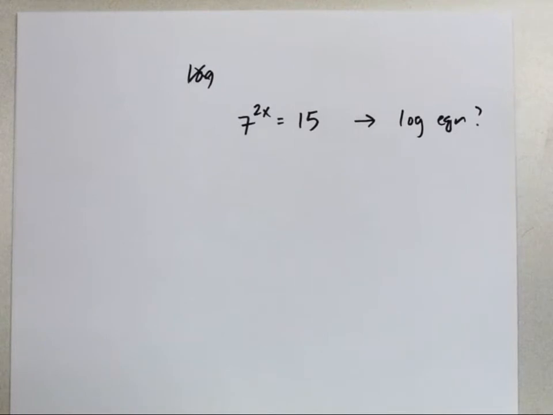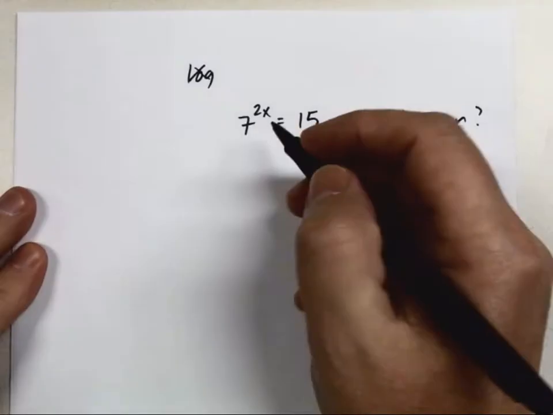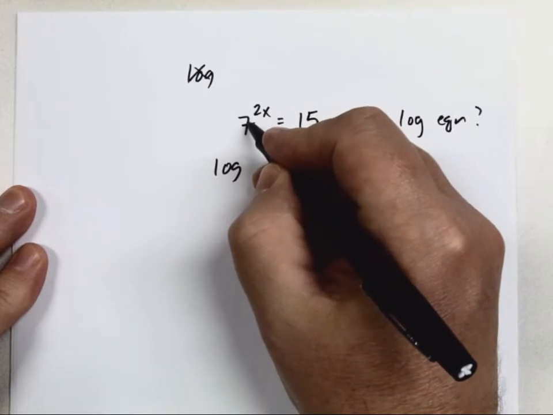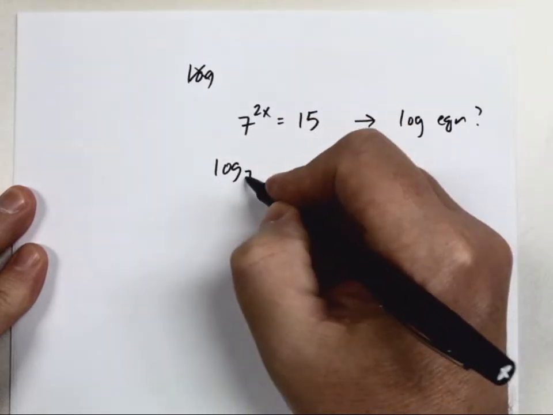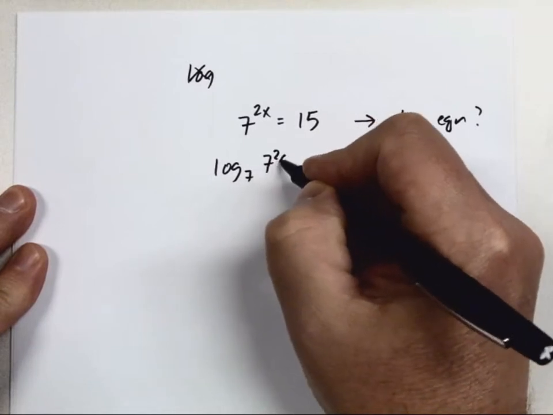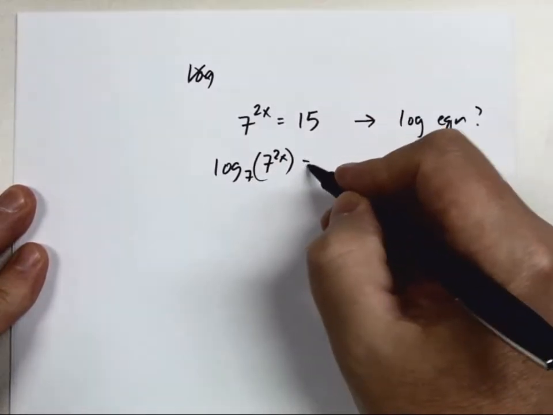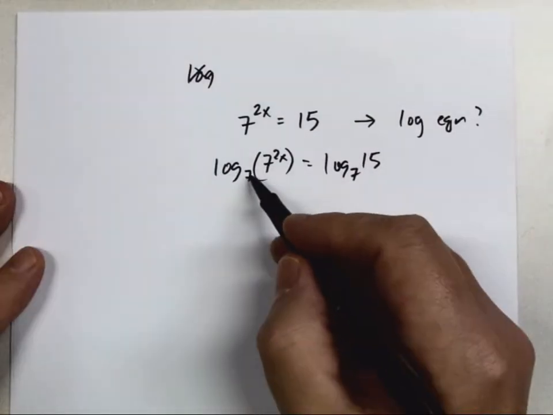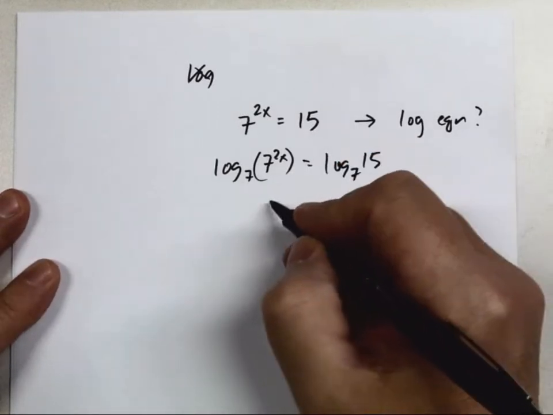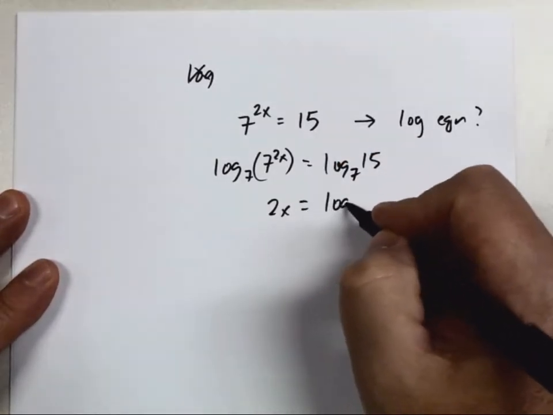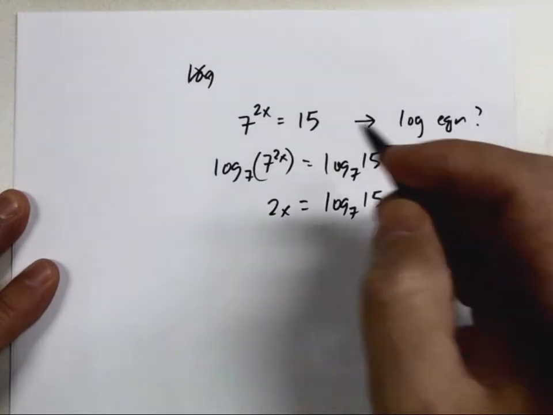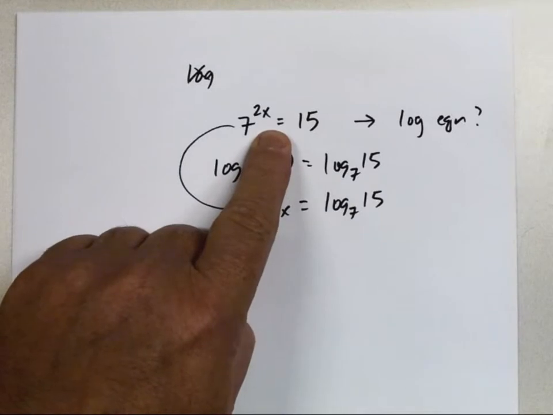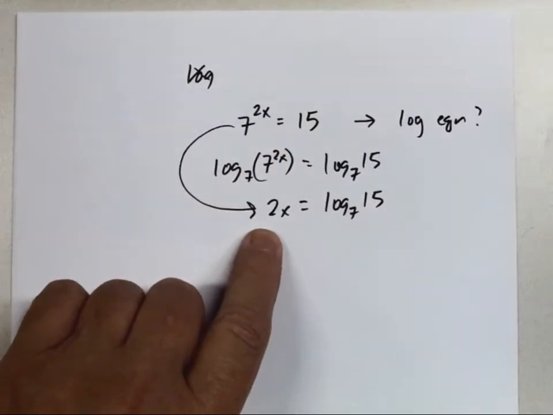What do I do? I'm going to take the log of both sides, and since the base of my exponent is 7, it's going to be log base 7. Log base 7 of 7 to the 2x is just 2x. So now this exponential equation rewritten as a log equation is this.